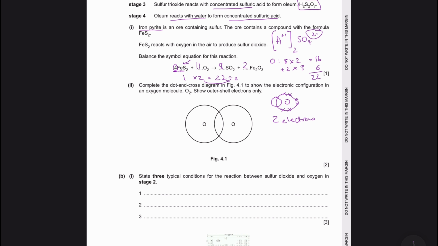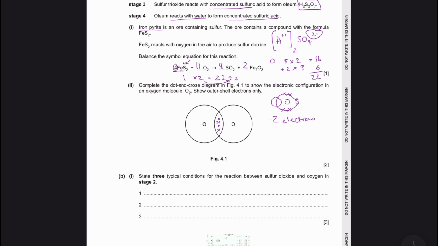So they're going to share their electrons. This tells us how many electrons of each of the atoms are going to be shared. So there's going to be 2 from one of them and 2 from the other one. We need to do dots for one and crosses for the other oxygen atom. The next step is, we already know how many electrons there are in the shell.